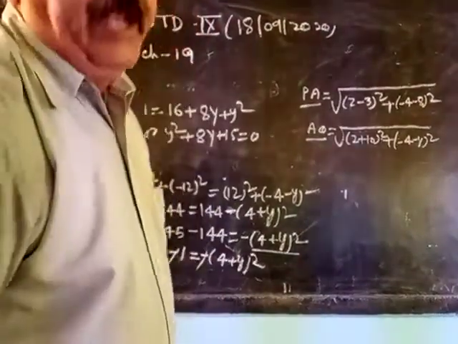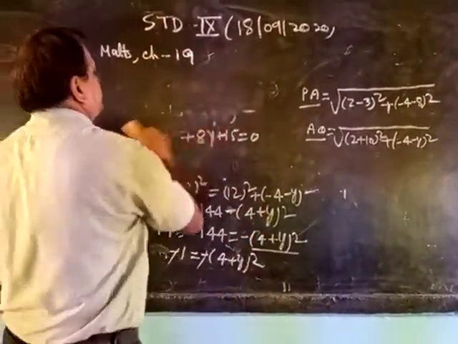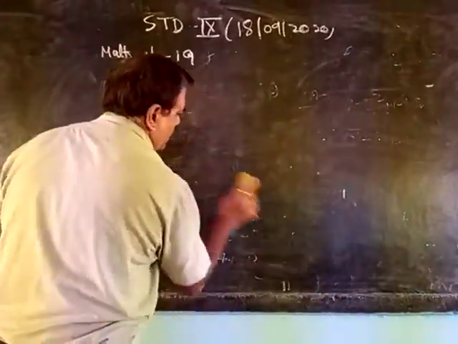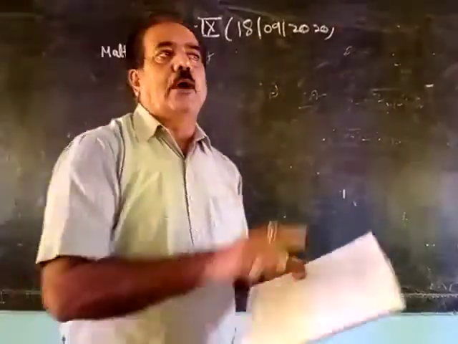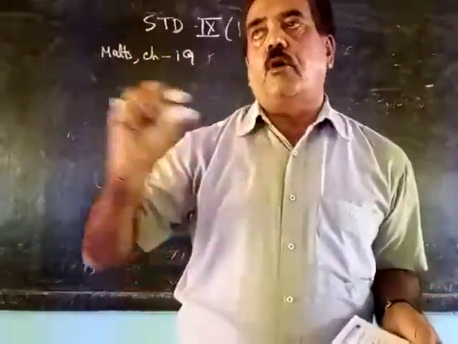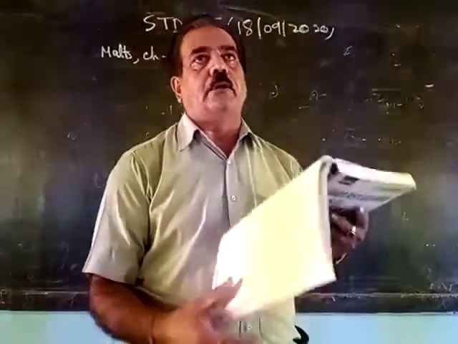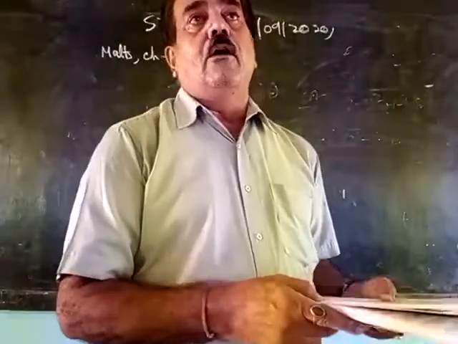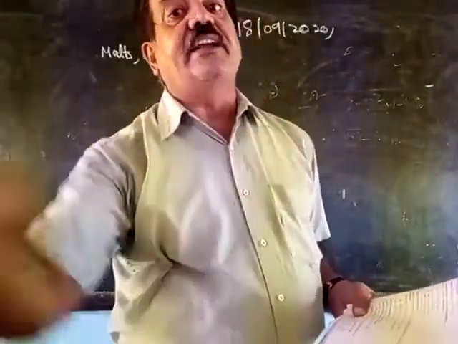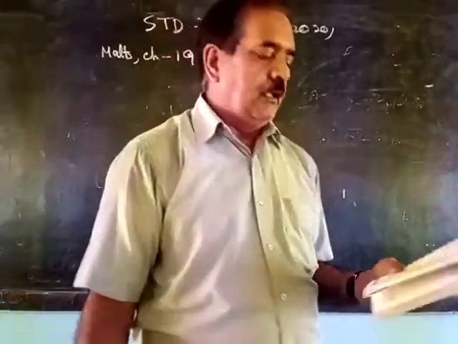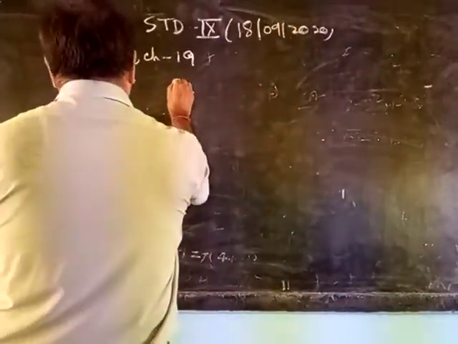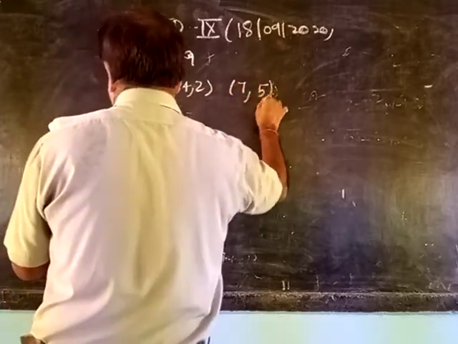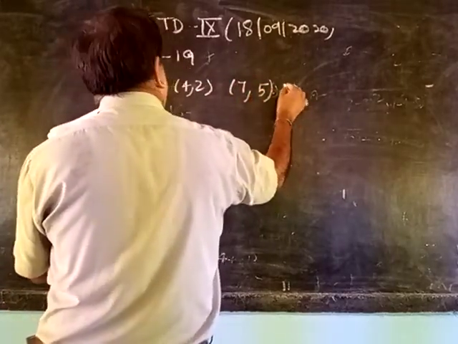Second type is collinear. What do you mean by collinear? Three coordinates are given, and you have to identify whether they are collinear or not. For collinear, remember all three points lie in the same straight line. So three points are given: (4, 2), (7, 5), (9, 7).